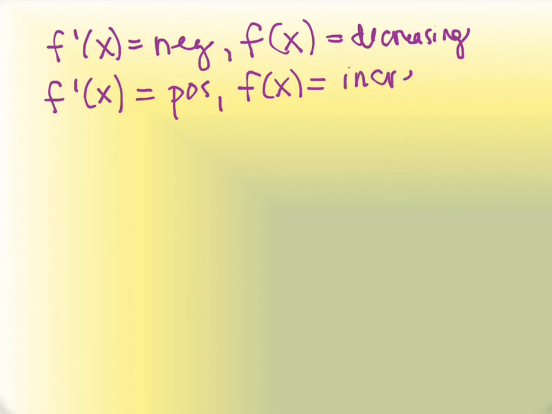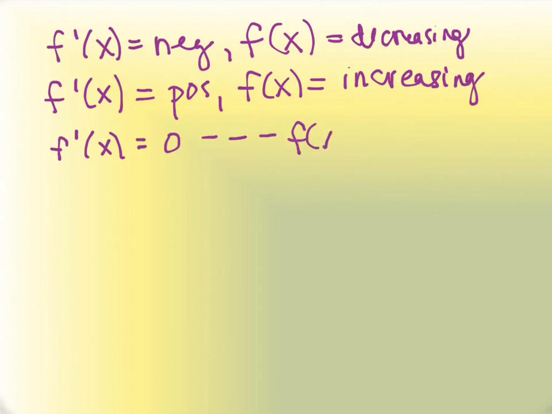It's increasing. Now, it's a little bit trickier to write down the last one. If f prime of x is equal to 0, what could be happening? Yeah, it's leveling off. It's kind of flat, right?